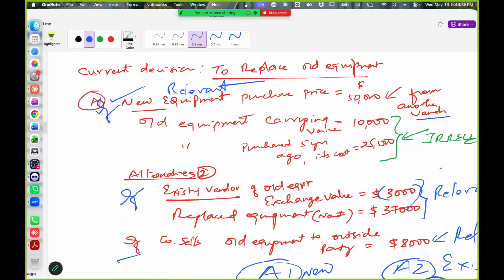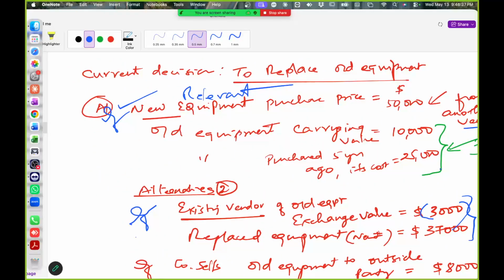We purchased 5 years ago at 25,000, its accumulated depreciation is 15, so the carrying value is 10. It is in my books, it happened in the past, finished. Irrelevant, I can't change that decision. 5 years ago, they took the decision. Now, why should I bother about it?